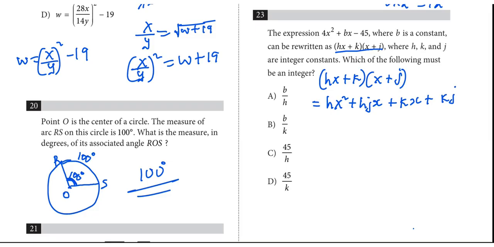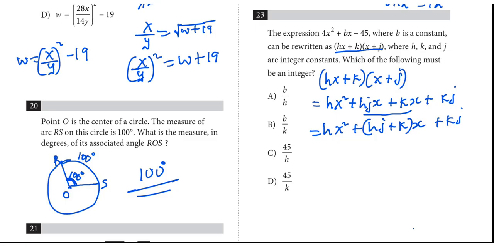So we can factor x from this. This will be equal to hx squared plus, in a bracket, hj plus k, and let the x stay outside, plus kj.